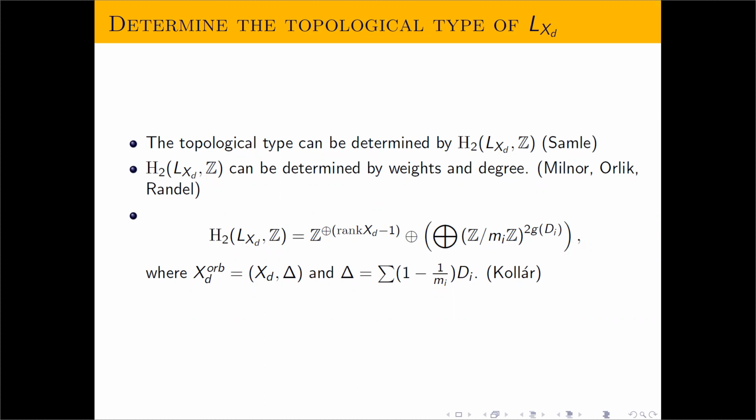Then the free part is determined by the Picard rank of the hypersurface, and the torsion part is determined by the branch divisor. So the genus of this divisor and the ramification index determine the order of this torsion.